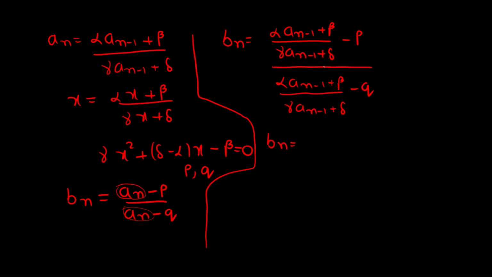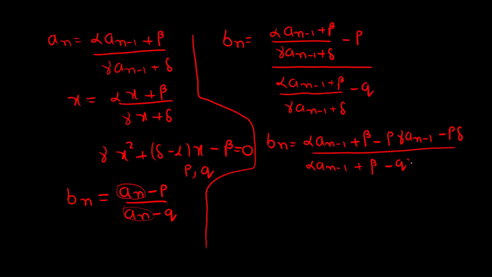Now I'll take the LCM and these denominators will be cancelled. We'll get (alpha a_(n-1) plus beta minus p times (gamma a_(n-1) plus delta)) divided by, I'll get the same thing in the denominator but where p is replaced with q: alpha a_(n-1) plus beta minus q times (gamma a_(n-1) plus delta).